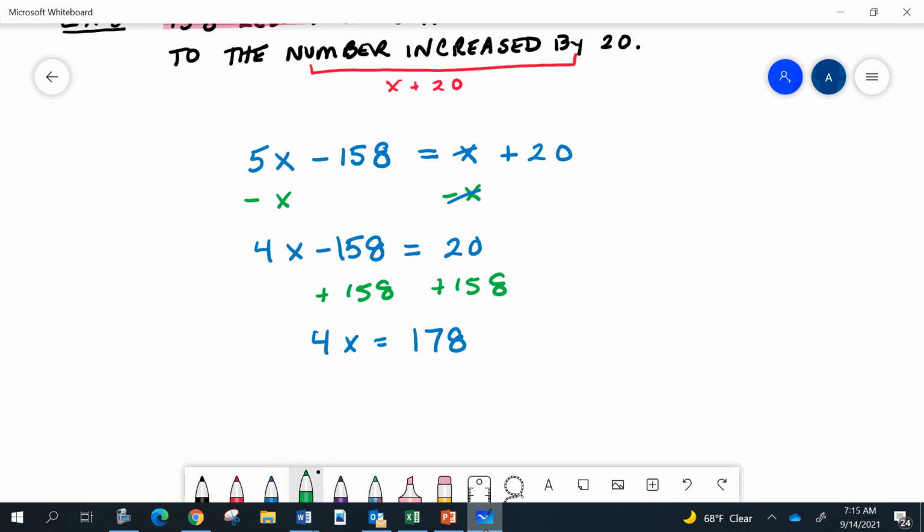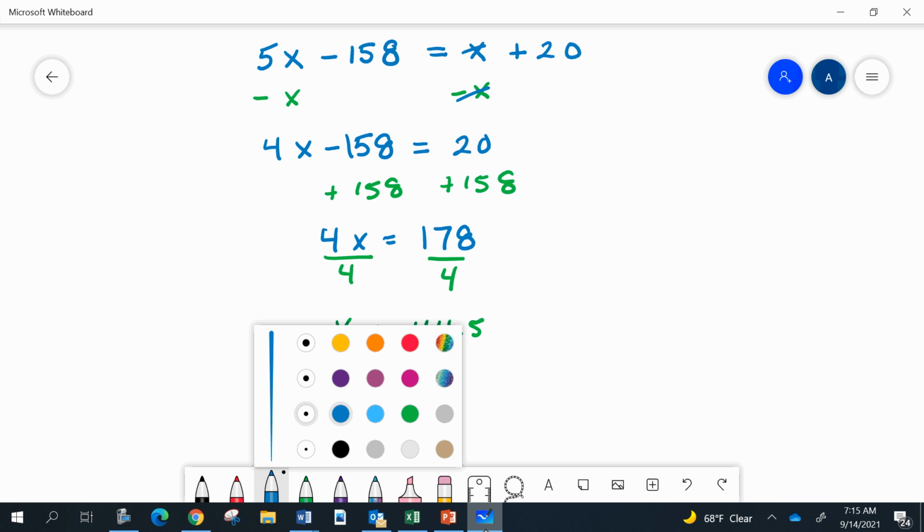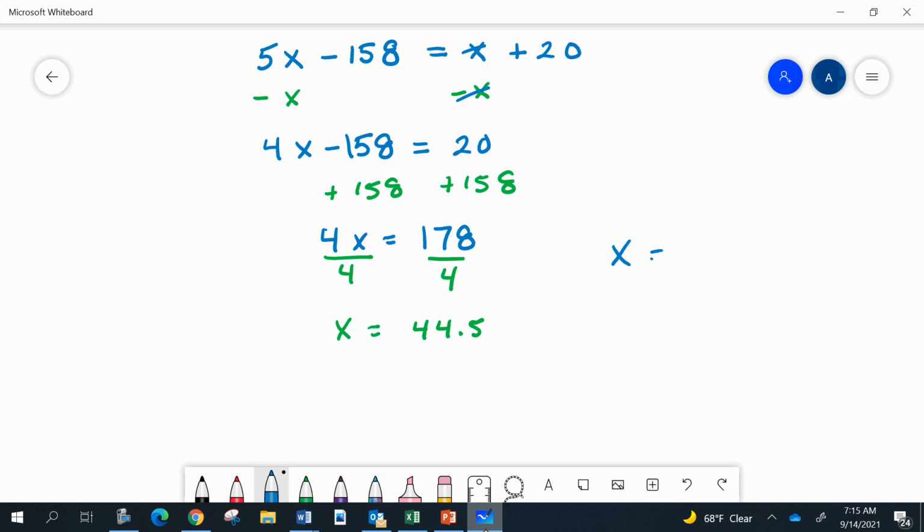And then finally, we're going to divide both sides by 4, and the result is going to be x equals 178 divided by 4, which is 44.5. And that's okay. Sometimes we do end up getting a decimal, and we don't necessarily think that that is incorrect.